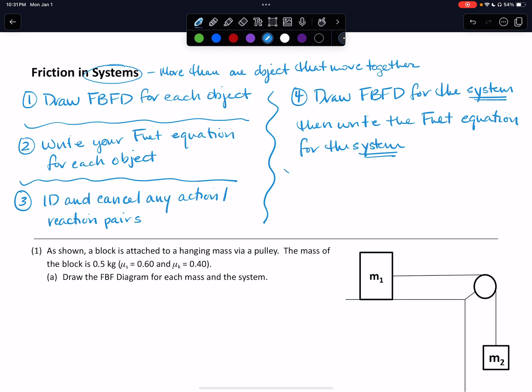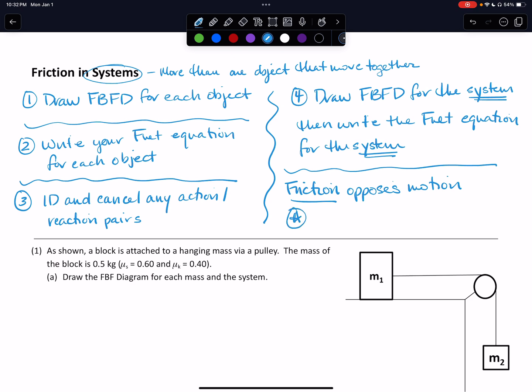All right, now remember, friction opposes motion. So look for the direction of motion and then for those frictional forces. All right. And it's super tempting, particularly when we have our Atwood machines or when we have our cart and hanger or block and hangers, to think about air resistance, but we're not going to consider air resistance in these systems.